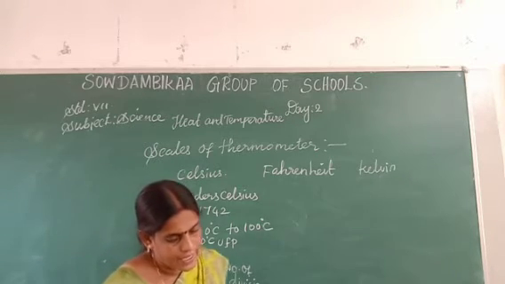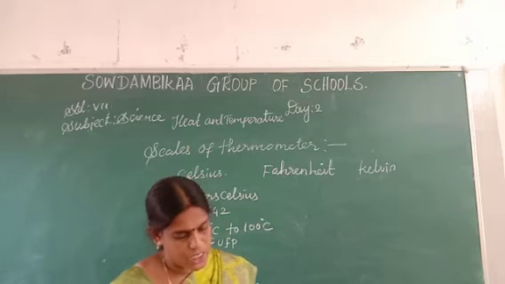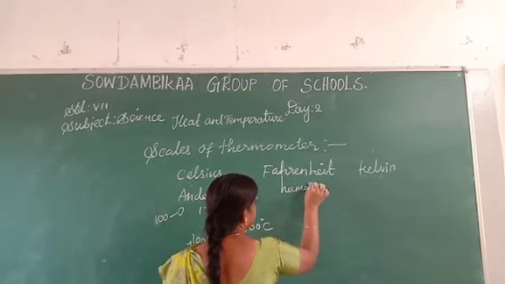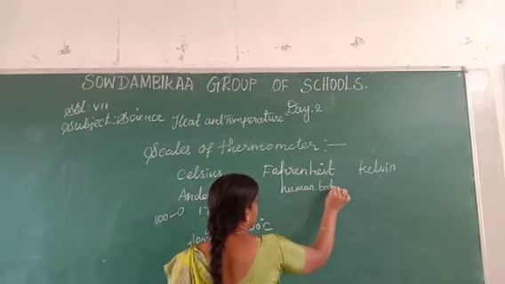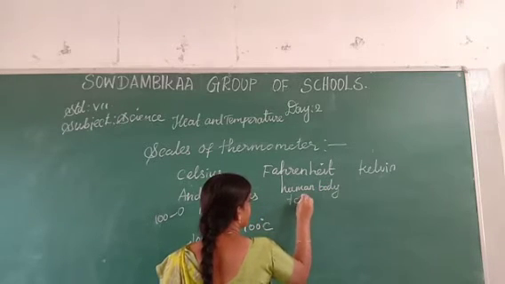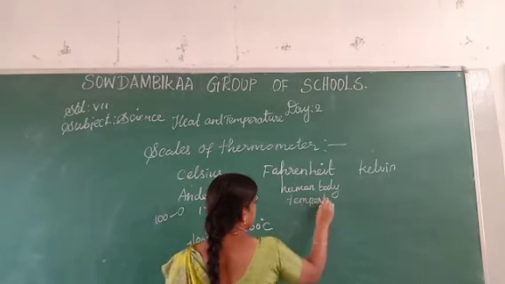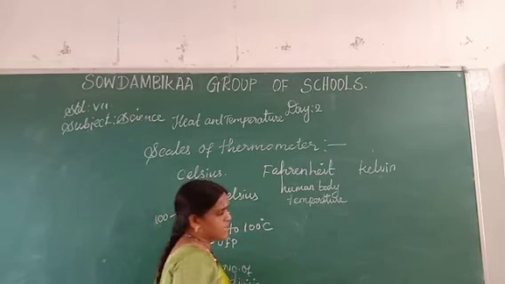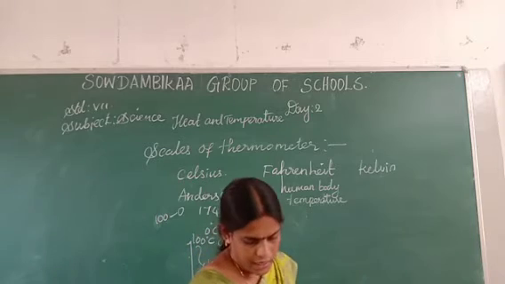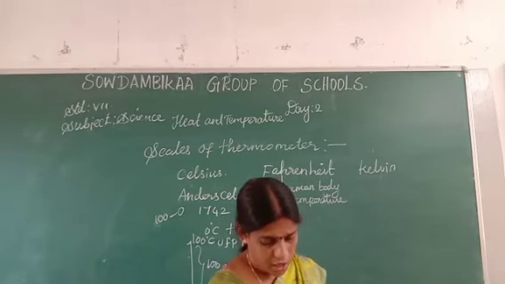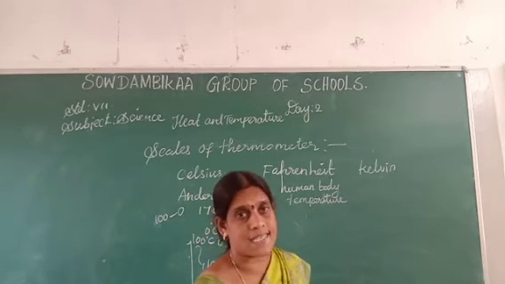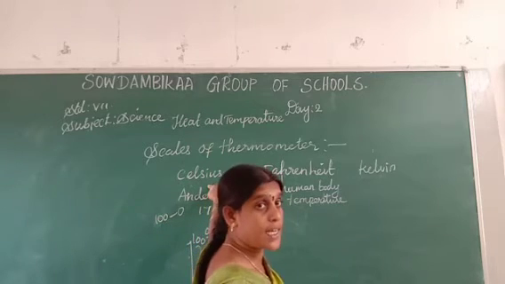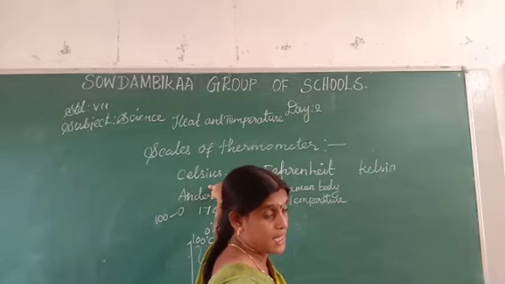Fahrenheit is a common unit to measure the human body temperature. Who discovered the Fahrenheit? The term is named after the German physicist, whereas Celsius was the Swedish astronomer Andreas Celsius.